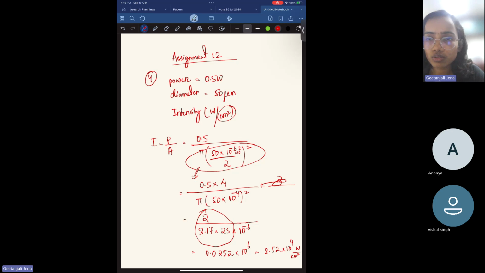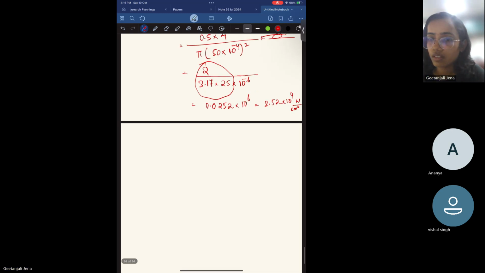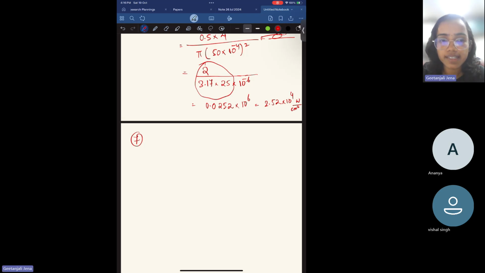Do I need to go through question 7? Okay, let me solve that also. Question 7 says for a specific optical fiber communication, the line width of the source channel is 3 nanometer, that is, delta lambda is 3 nanometer.